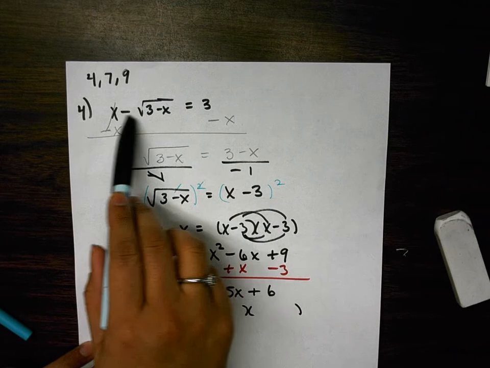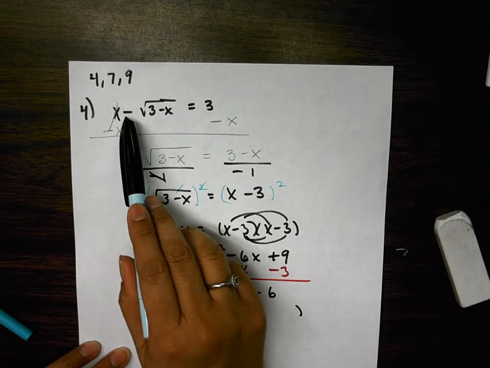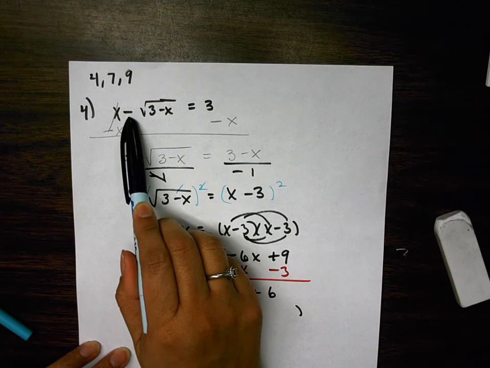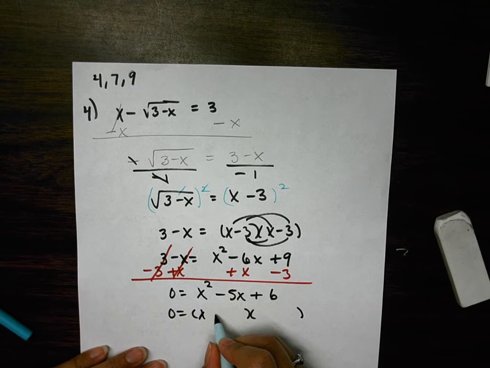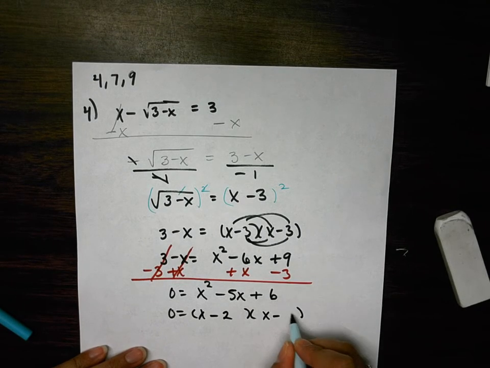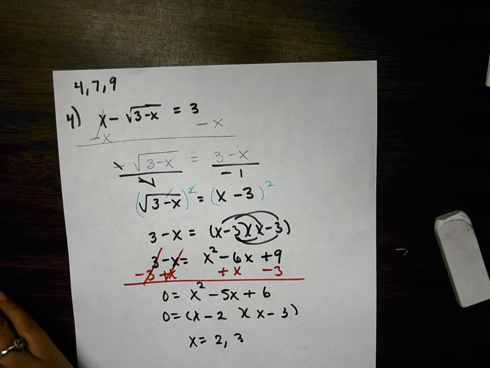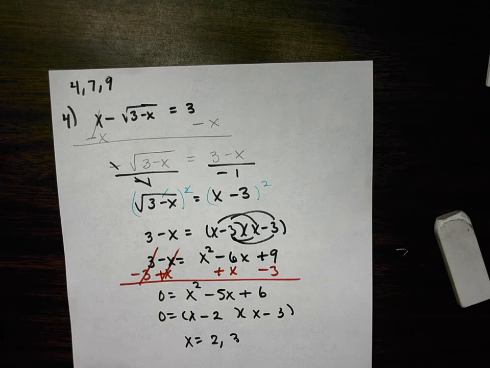So going back really quick, can I square everything from the get-go? No, that's mathematically incorrect. I can't square, square, square because of that minus sign right there. Got it? So x minus 2, x minus 3, x equals 2 and 3, and does it have one of those answers missing?